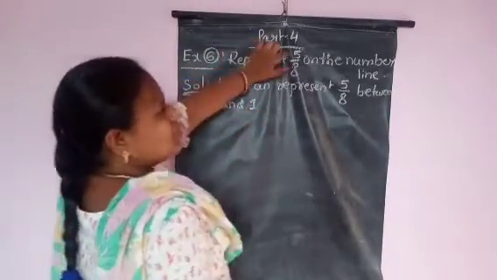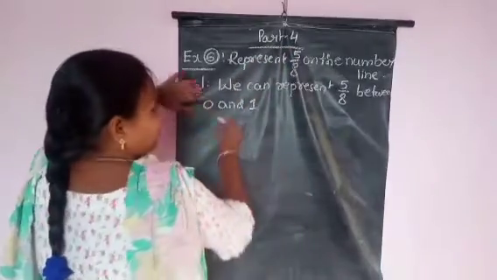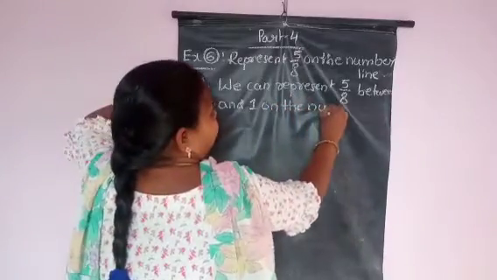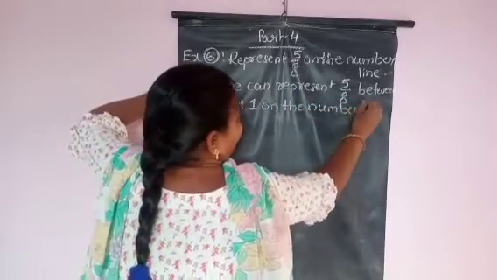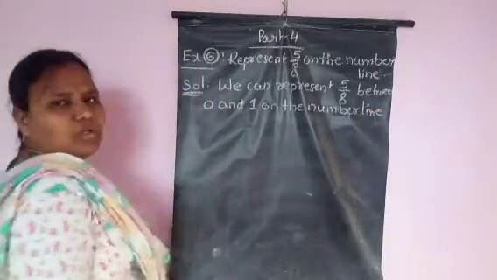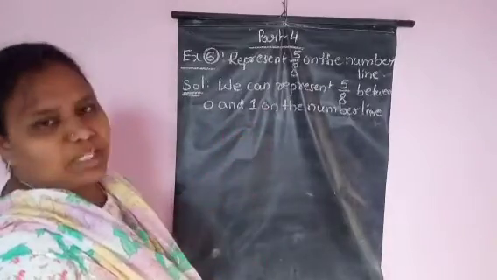Why? Because this is a proper fraction. So we can represent this 5 by 8 between 0 and 1.